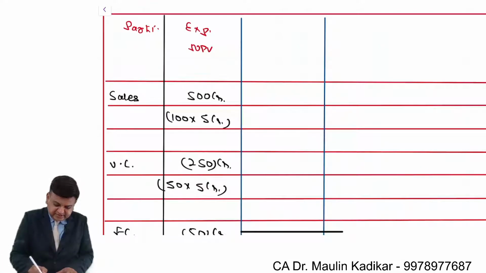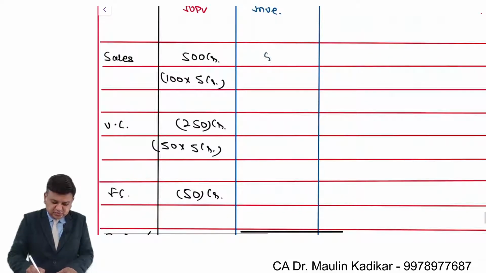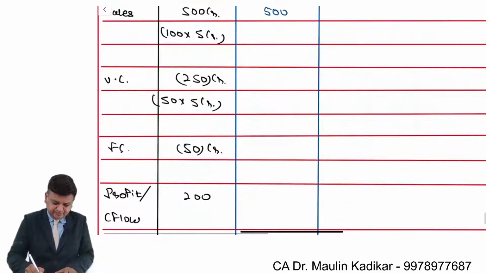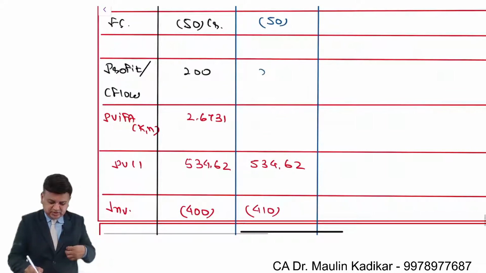So we understand that, say, initial investment, sales is going to remain same, variable cost same, fixed cost same, no tax, so let us ignore it.